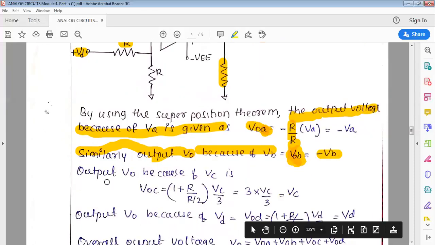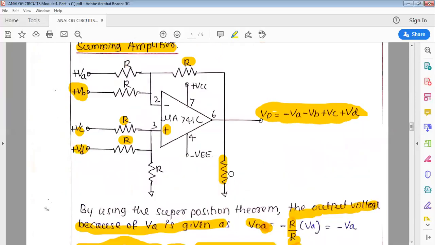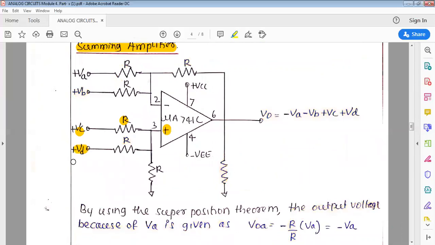Now third case, the output voltage V naught only because of VC. Now where is VC? VC is here, right? And I need to assume this and this as zero. So the output voltage because of VC is given by, now VC is applied to the non-inverting input terminal.